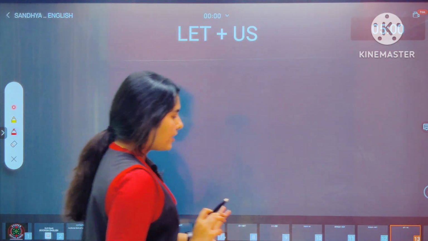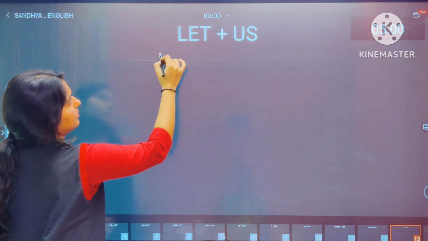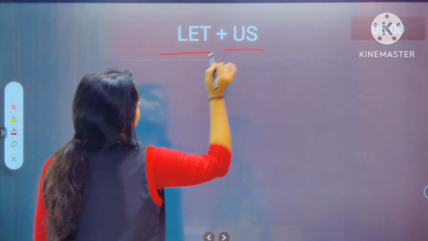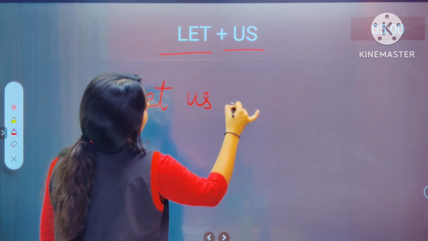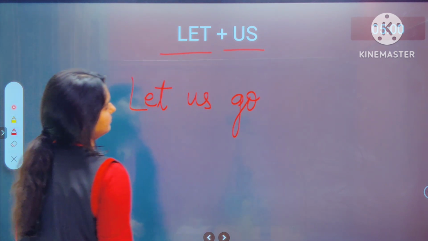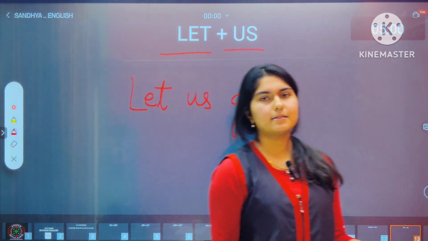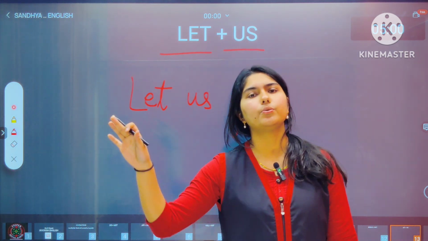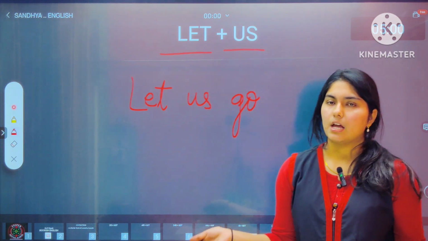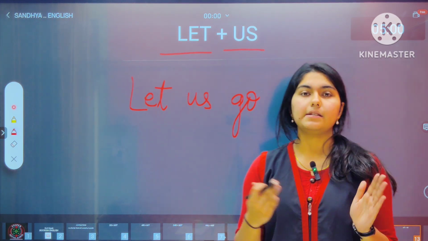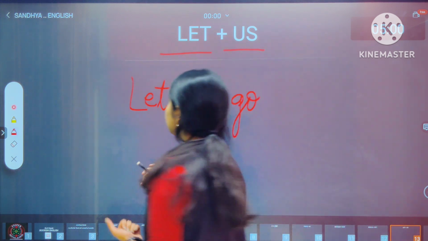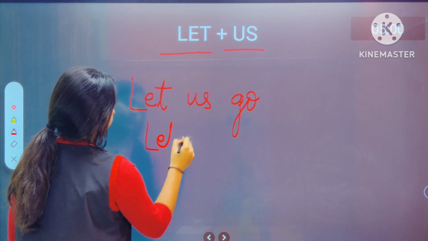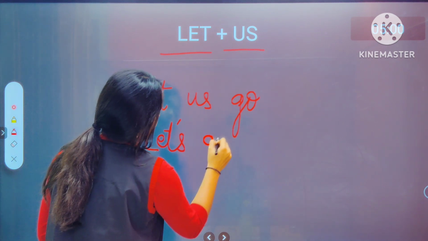So, now we are moving to our next contraction, which is let plus us. A very simple sentence. Let us go. Let us go to a restaurant. Let us go to the hotel. Let us go to play outside. So instead of saying let us separately, you can use the contraction, which becomes let's go.